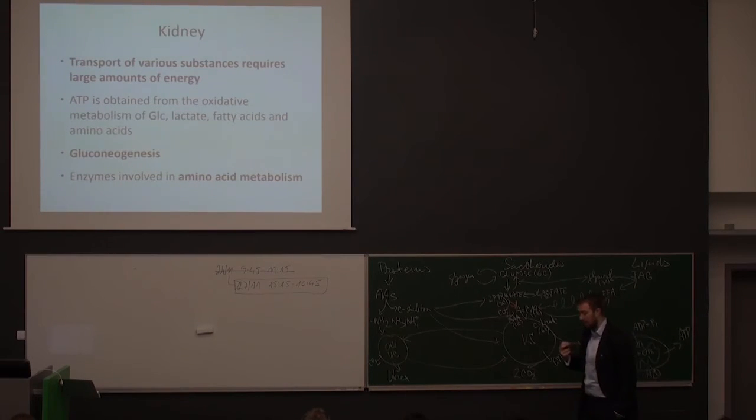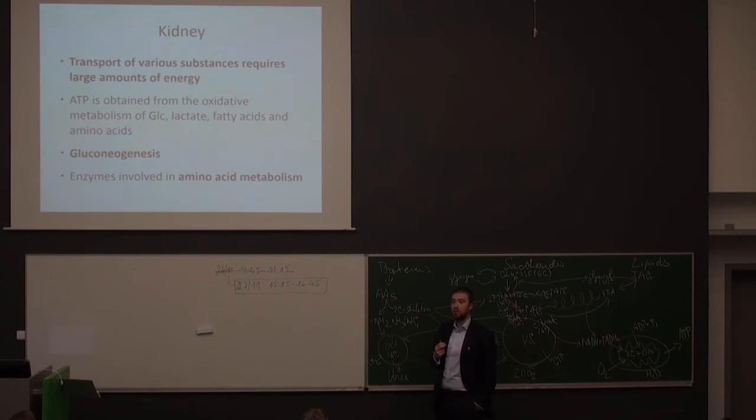What's the specific role inside the kidneys is that kidneys offer you an alternative way how to get rid of the amino group. Urea is produced in the liver and is excreted by the kidneys, but that's only a passive process, in the urine. But our kidneys can produce ammonium and put it inside the urine also.